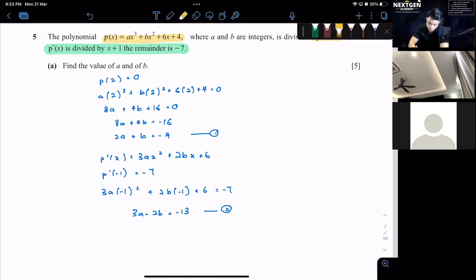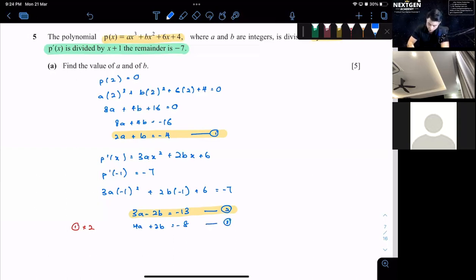So I have 2a plus b equals negative 4, and 3a minus 2b equals negative 13. I can eliminate b. So I multiply equation 1 by 2. I just write it at the bottom here. So here will be 4a plus 2b equals negative 8. Let's call this equation 3.